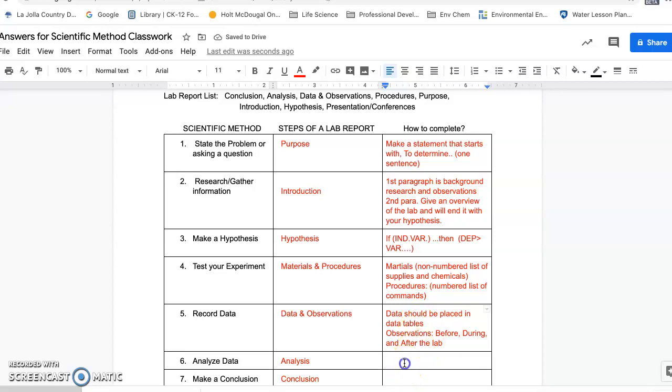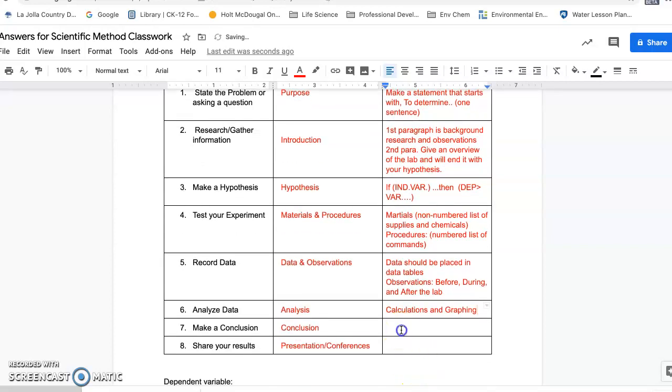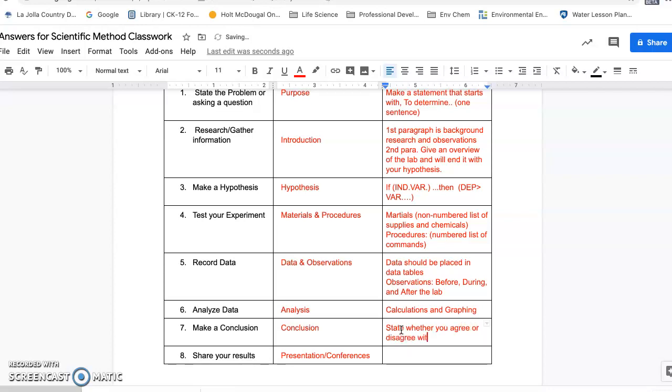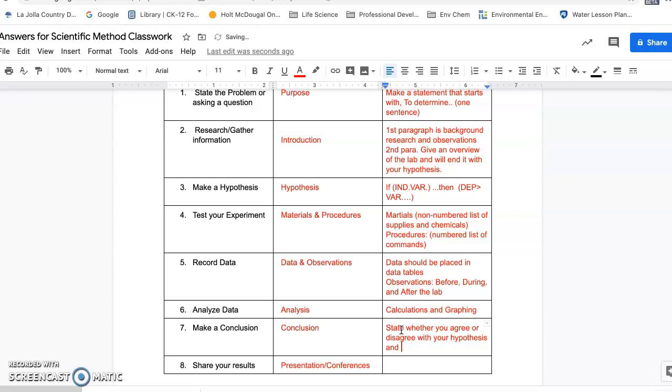Your analysis, this is where you do all your calculations and your graphing. And your conclusion, this is where you state whether you agree or disagree, and answer why.